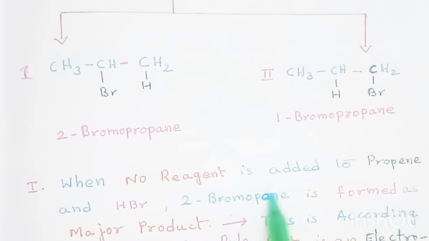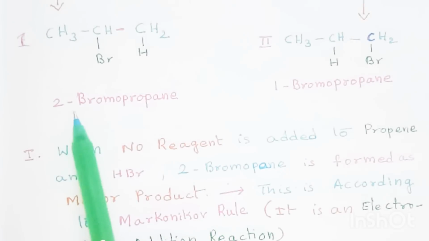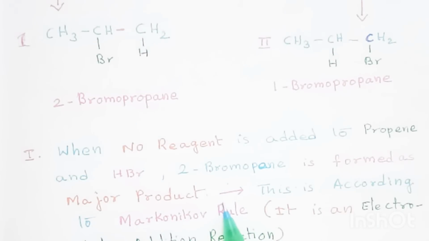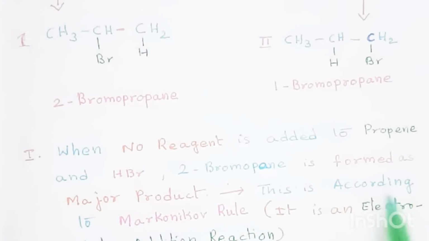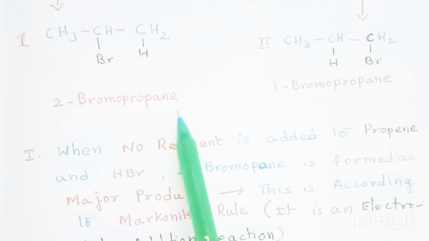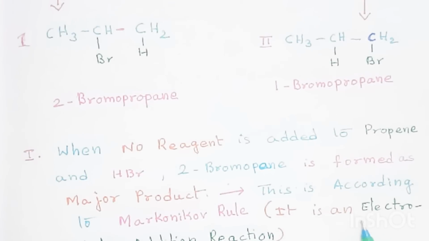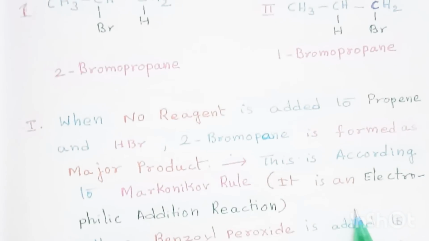When no reagent is added to propene and HBr, 2-bromopropane is formed as the major product. This is according to Markovnikov rule. 2-bromopropane is the major product according to Markovnikov rule. It is an electrophilic addition reaction.